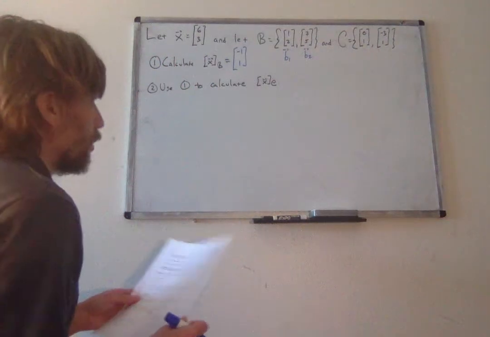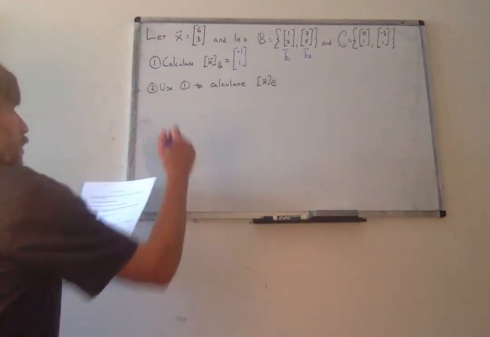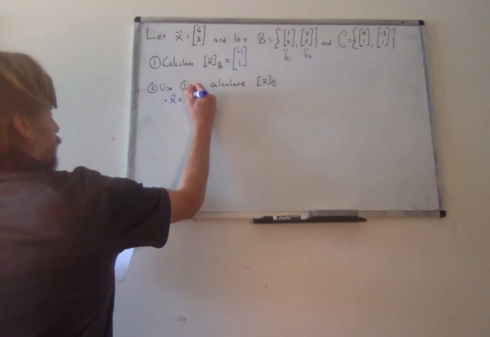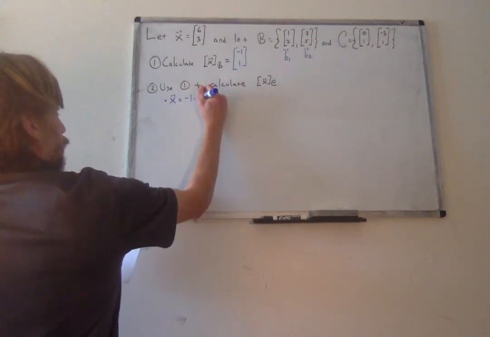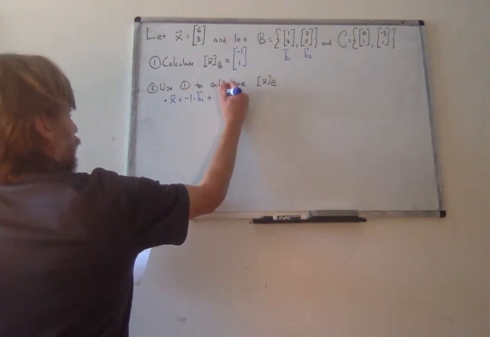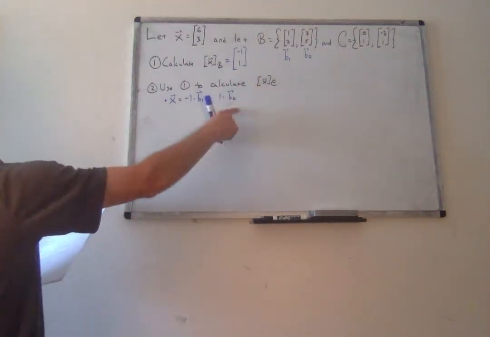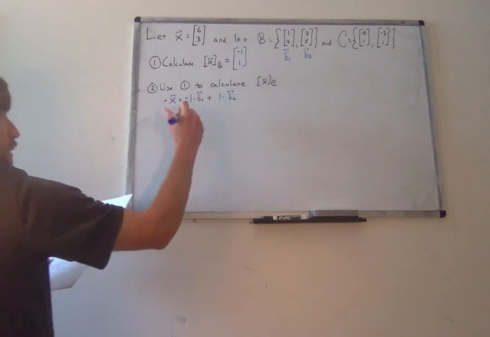All right, so we know that x is equal to -1 times b1 plus 1 times b2. So this is the b representation of x.